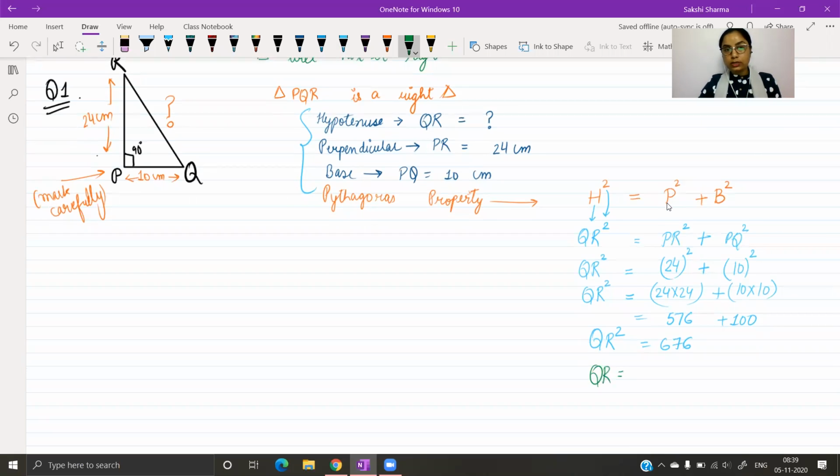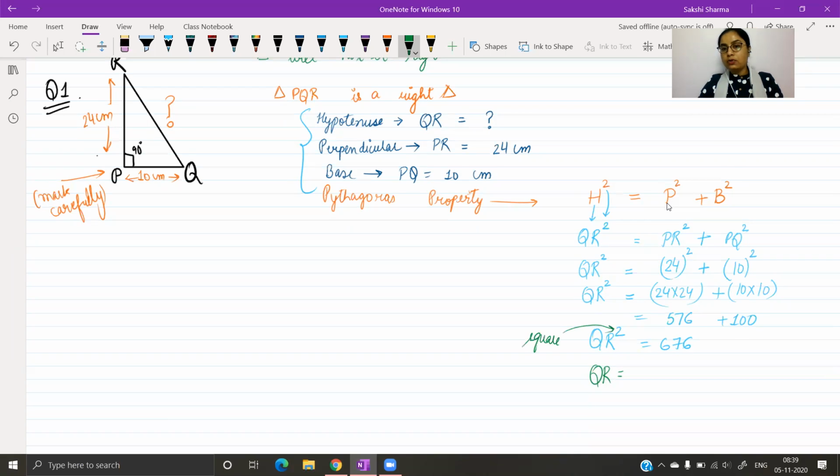Like in your equations, when you shift a value which is being added to the other side, what happens? Subtract. And addition changes to subtraction. Plus changes to minus, minus changes to plus, and in the same way multiply changes to division and division changes to multiplication. Here what we have is a square.